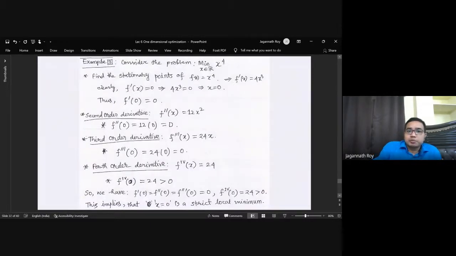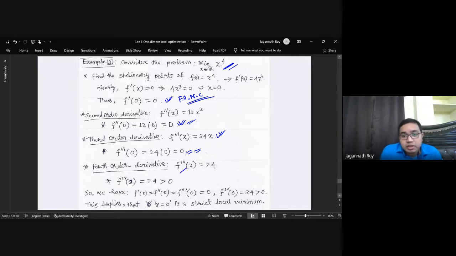So if you think about this problem, x to the power 4, we can talk about it. The third order derivative is 0, the second order derivative is also 0, and the first order derivative is also 0. So the first order necessary condition is satisfied, and the second order one is also satisfied, since it is 0.